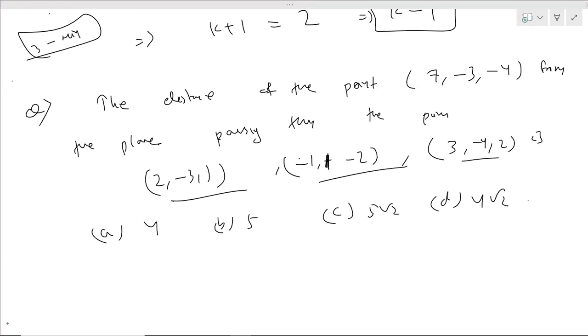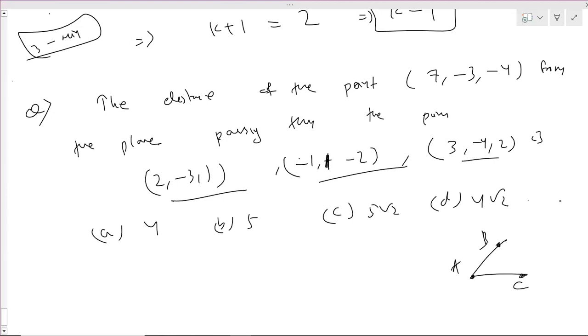Anyone? In vectors also it is okay if you can explain me in vectors. If you have 3 points to find the equation of a plane, what you need? Normal. So how you can find normal? Cross product. Absolutely.